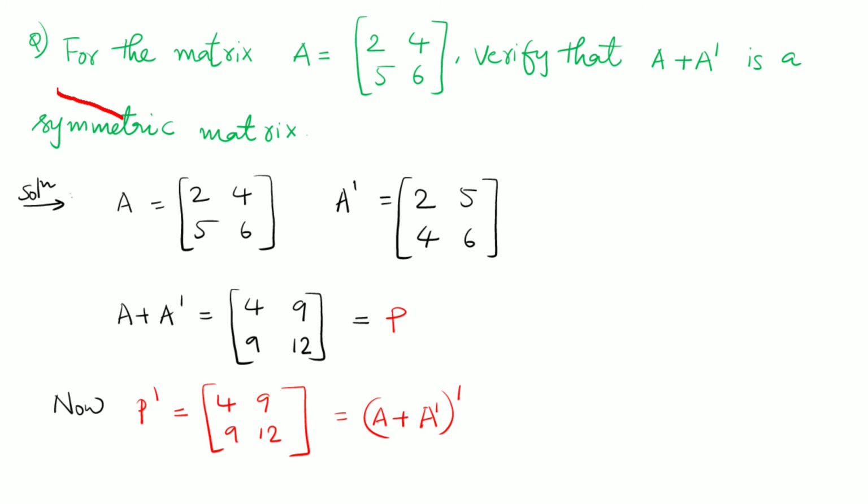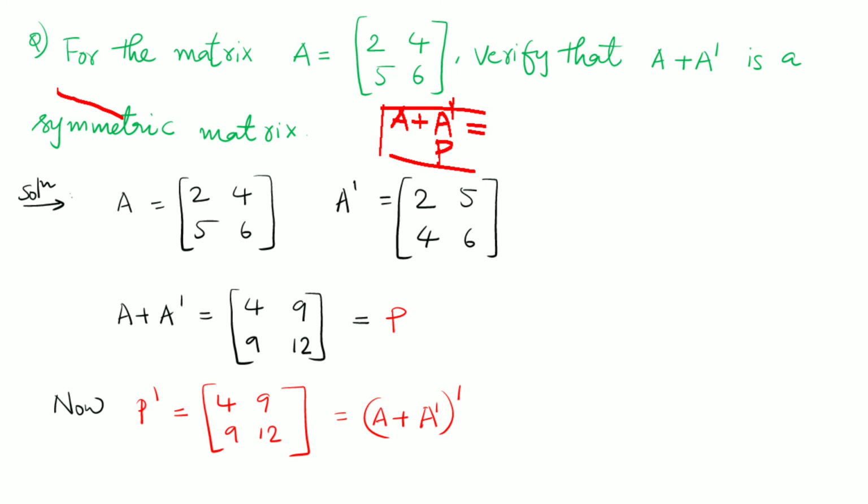That is A dash is equal to A. But here you are having A plus A dash, so adding 2 matrices. To make the simplification easier, I'll take this A plus A dash as P.